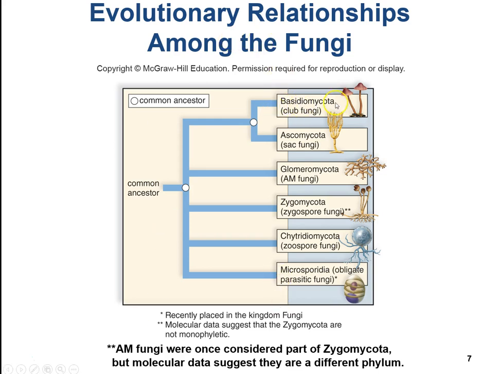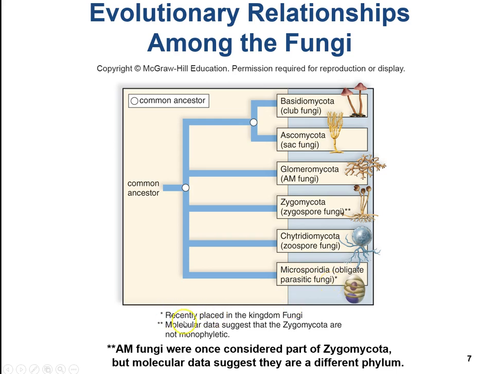So common name and scientific name. Basidiomycota are club fungi, right? Ascomycota, sac fungi. Glomeromycota, AM fungi. Zygomycota, zygospore fungi. Chytridiomycota, zoospore fungi. And then Microsporidia are obligate parasitic fungi.